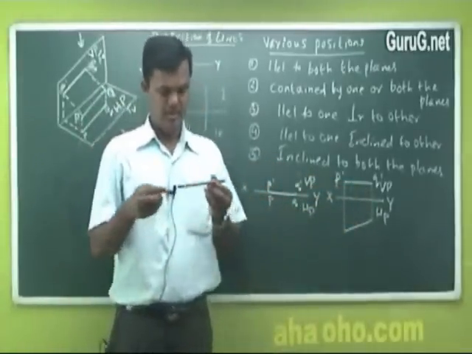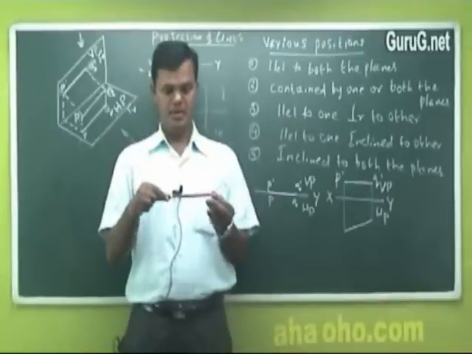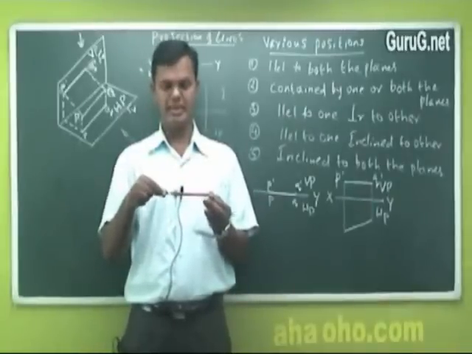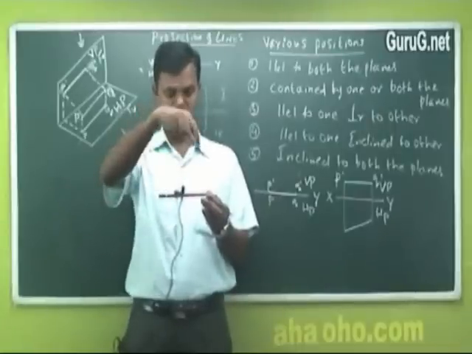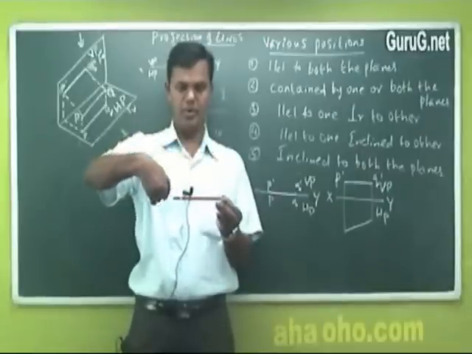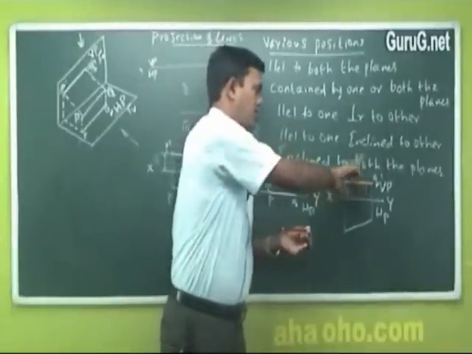In the sense, this line was parallel to both the planes, VP and HP. When I rotate it like this or like this, this inclination, as I told you, you cannot see from the front view, which means you can see point P is here, Q is here. You will see one point here, one point here. Join the 2 points, it becomes a straight line again. So this is P and Q.